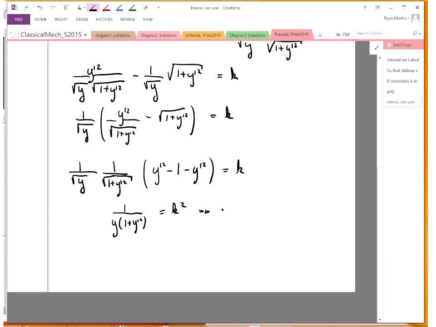And I can write this as maybe, well, let me invert it. So I have y times 1 plus y prime squared equals 1 over k squared.